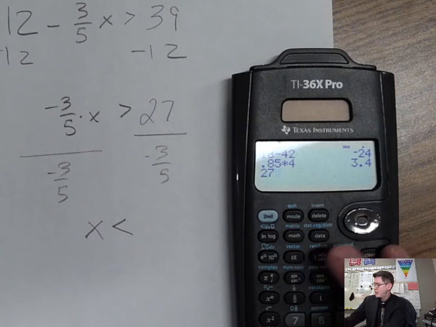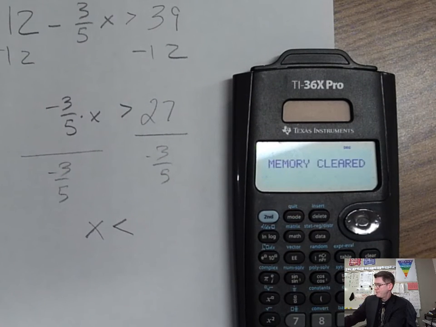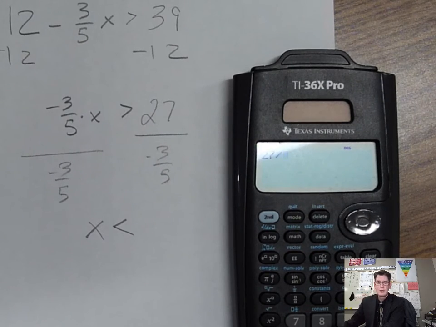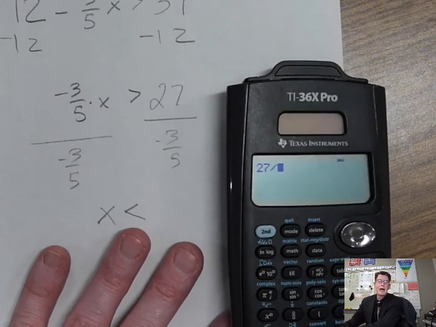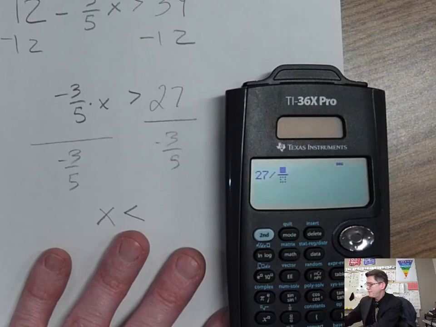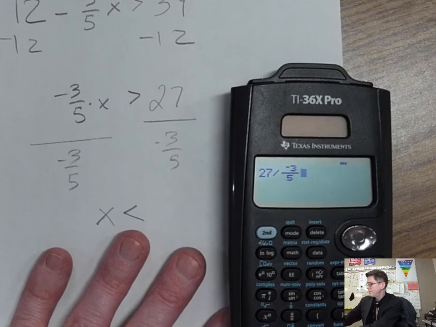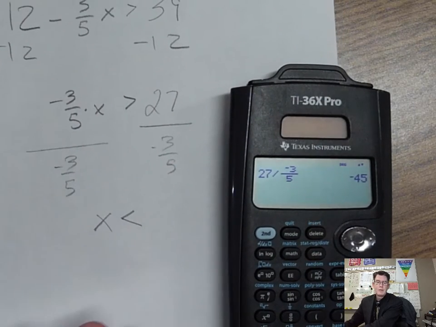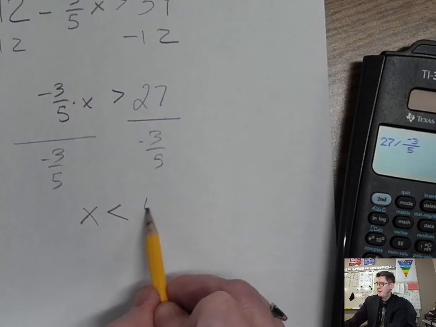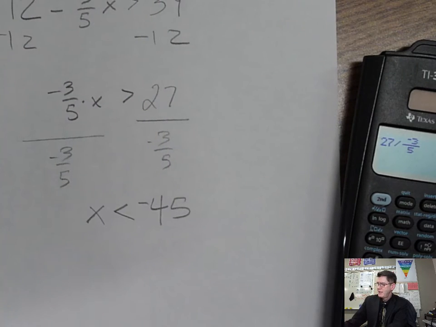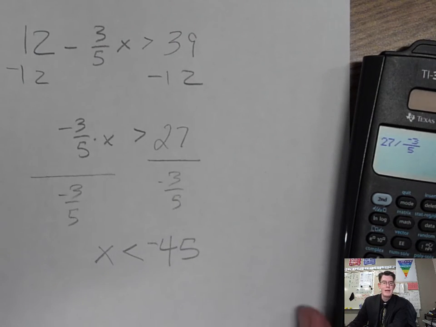So 27, well, just to make sure it looks clear, 27 divided by the fraction negative 3/5. Negative 45. So x is less than negative 45.